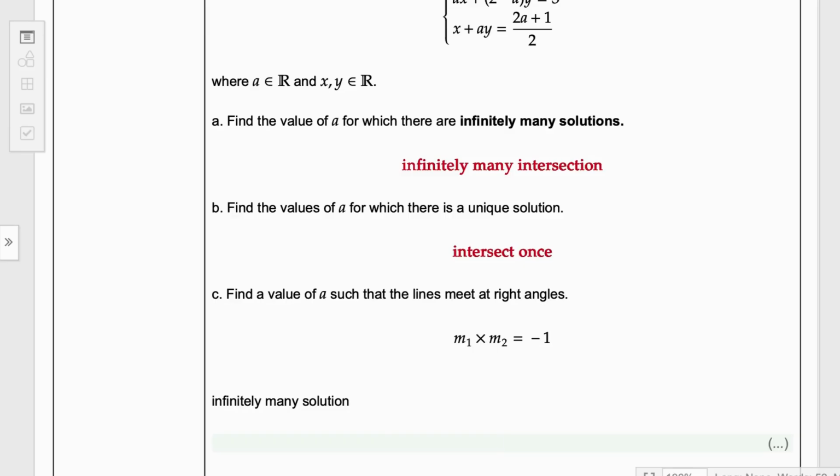So it will be m1 equal to m2 and c1 equal to c2.